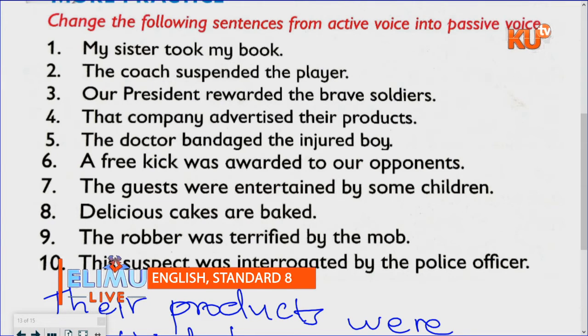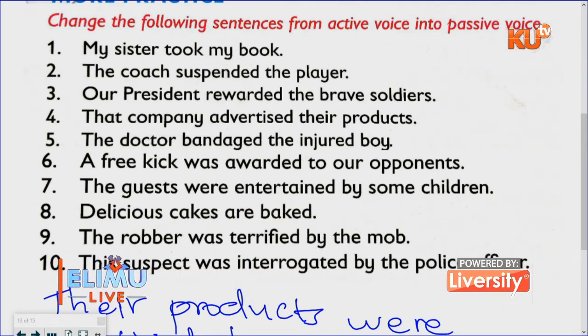To our opponents, not by. A free kick was awarded to our opponents. So our opponents were awarded a free kick. A free kick is a penalty in soccer, in the game of soccer. A free kick was awarded to our opponents. Our opponents were awarded a free kick.